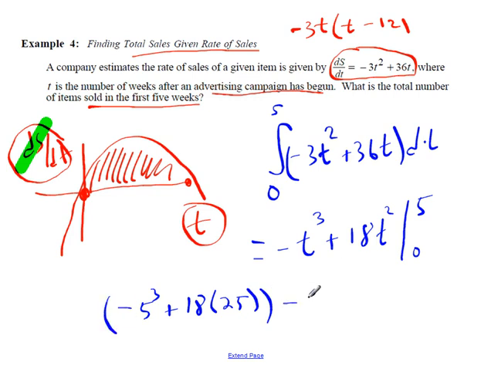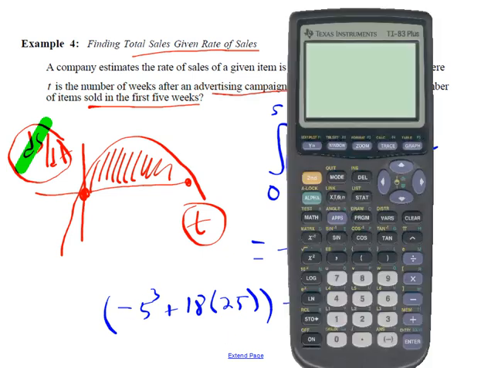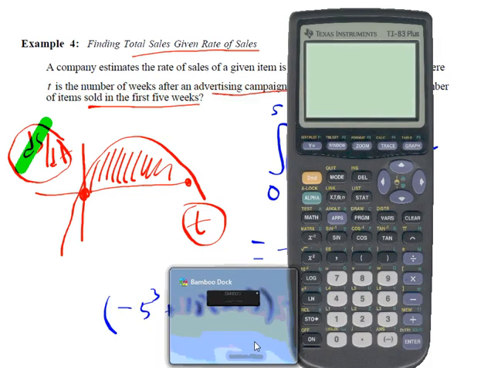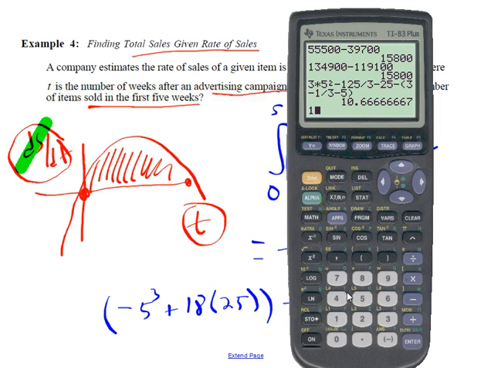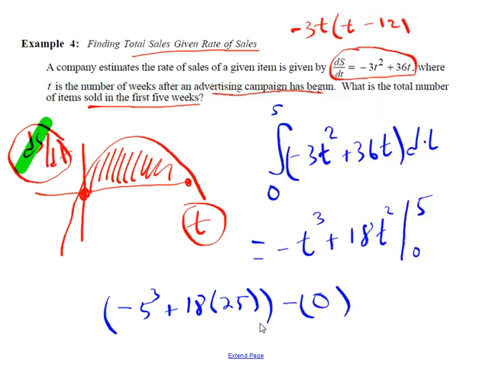When you plug in 0, you just get 0 back. And so what does this equal? I'm going to defer to the trusty calculator. So 18 times 25 minus 125, and we get 325.